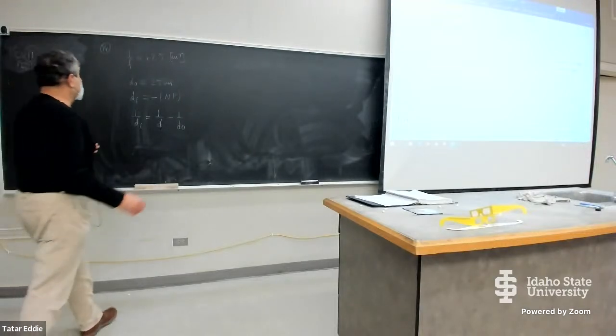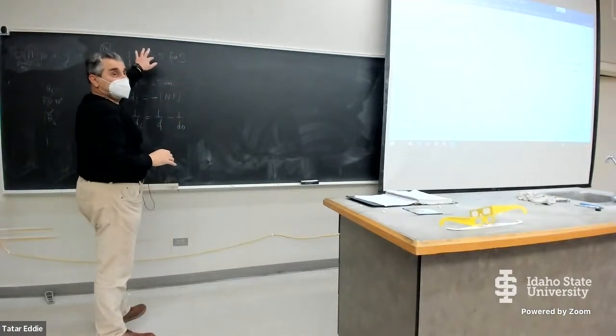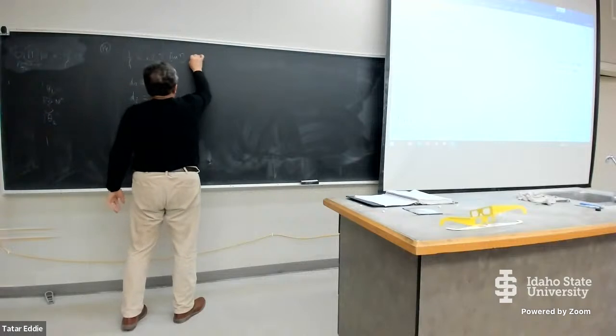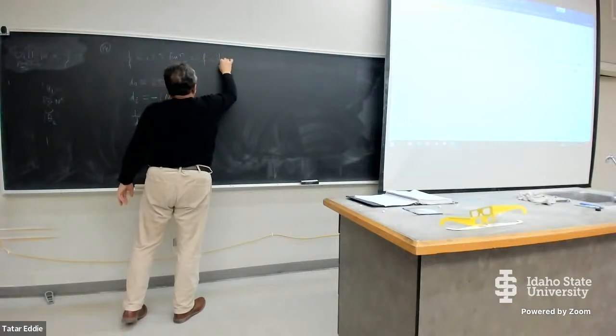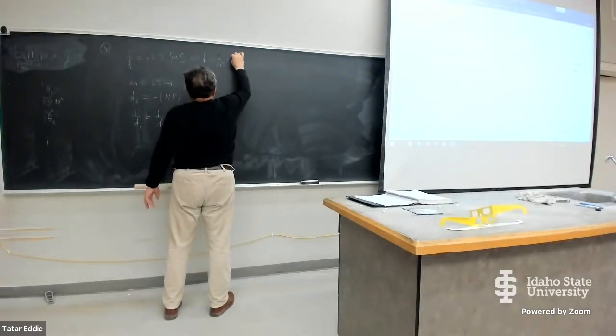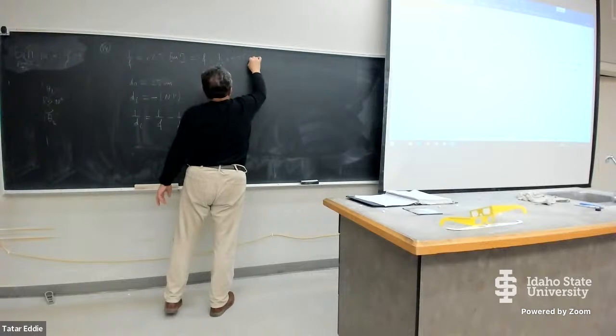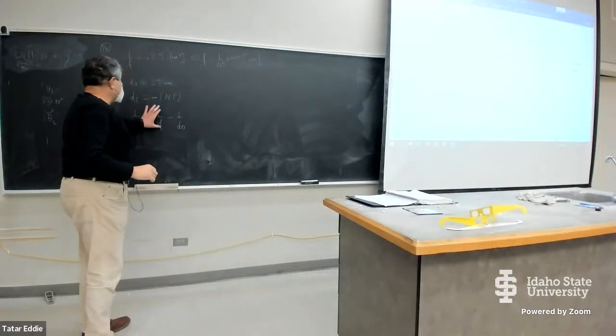So you have to substitute the numbers, but this has to be converted into centimeters. So F is equal to 1 over 2.5, and you have to multiply this by 100 to get it into centimeters. So this is your focal length.